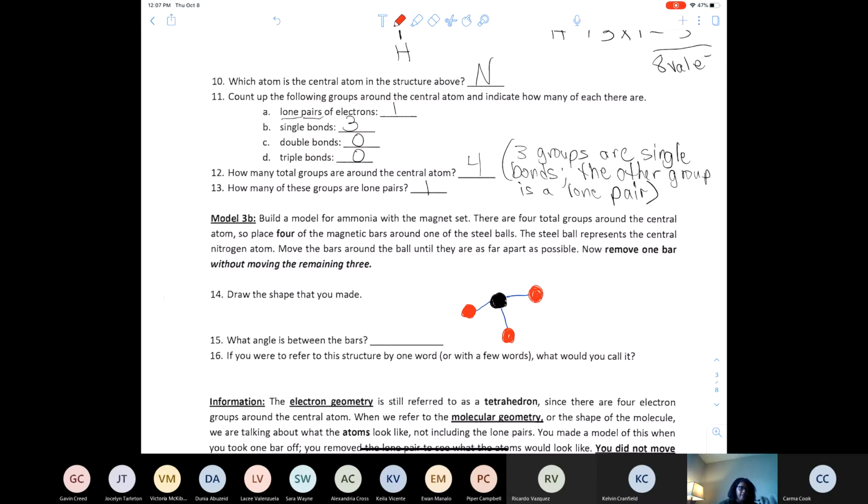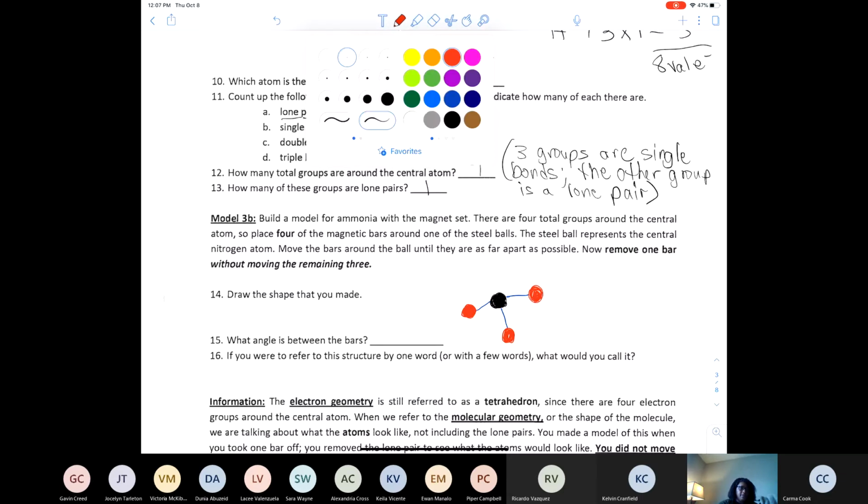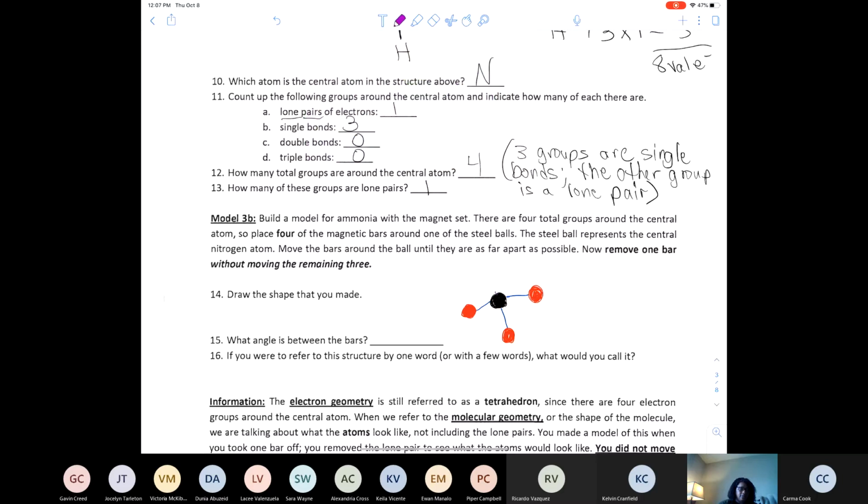And then I'm going to have another stick that I can have there to represent my lone pair of electrons.